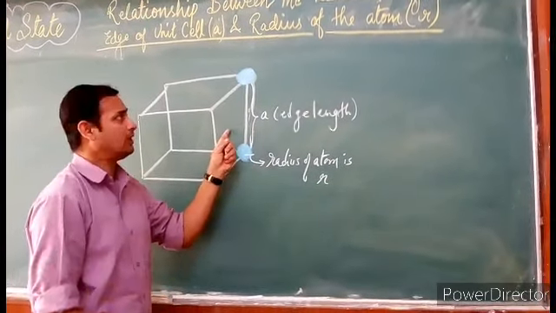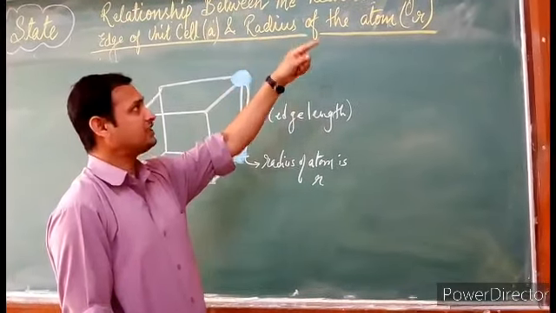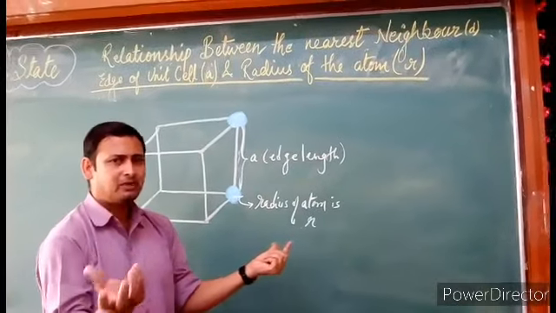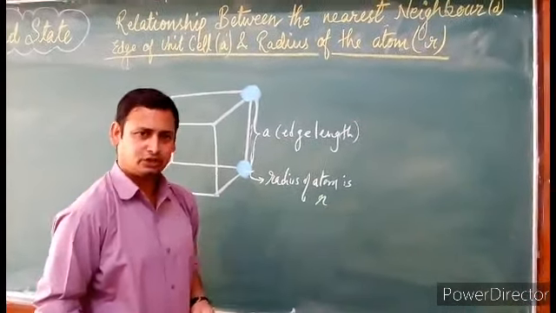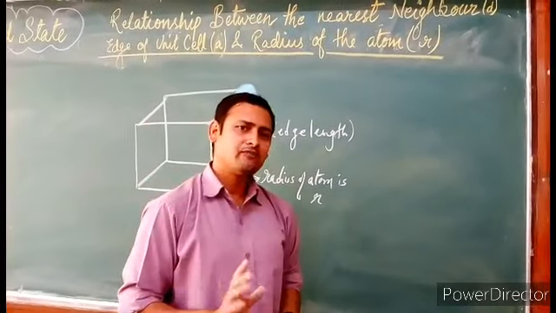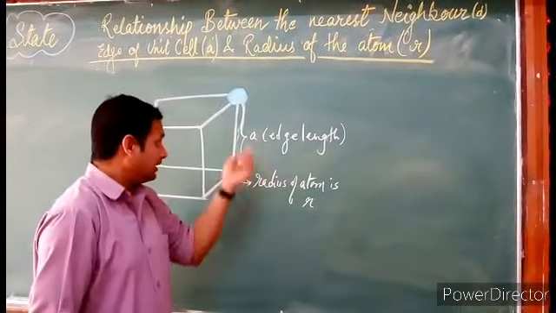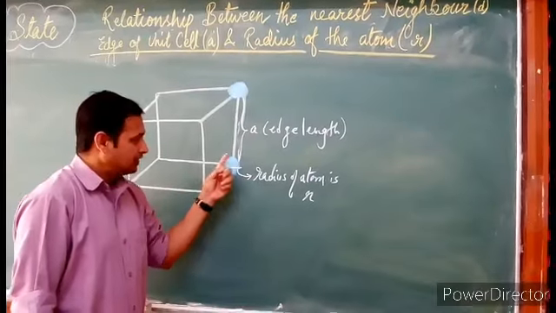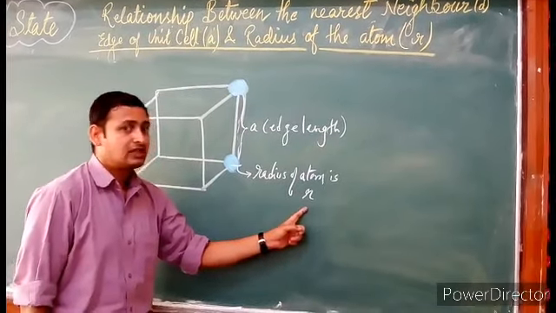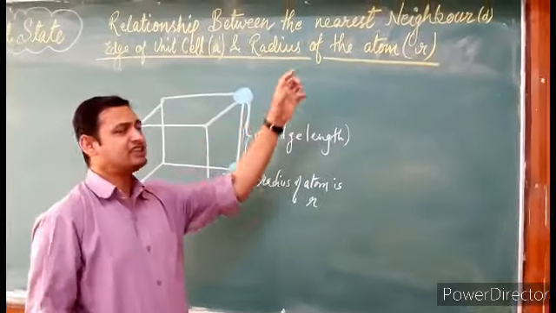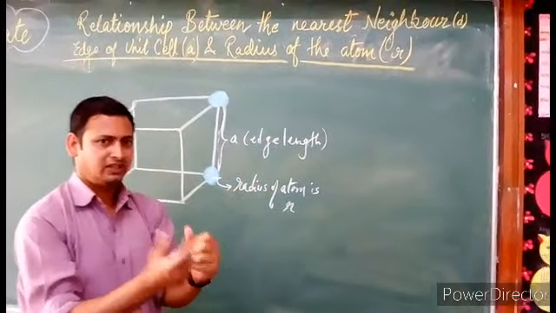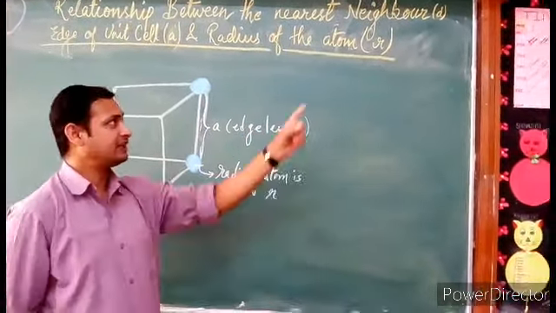And then we will discuss about the nearest neighbor distance. I think understood? आज का टॉपिक आपको क्लियर हो गया. हमें पढ़ना है कि एज लेंथ, रेडियस ऑफ एटम के बीच क्या रिलेशनशिप है एंड अलोंग विद दैट व्हाट इज द नियरेस्ट डिस्टेंस.